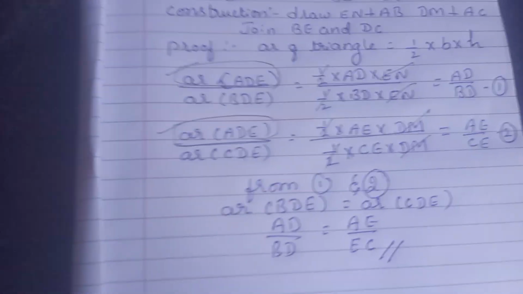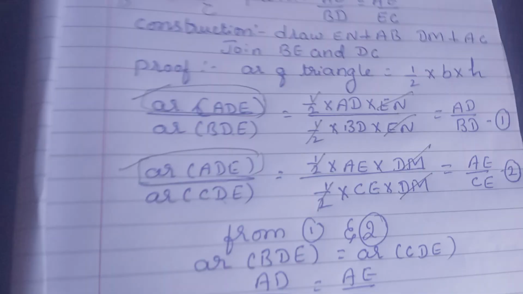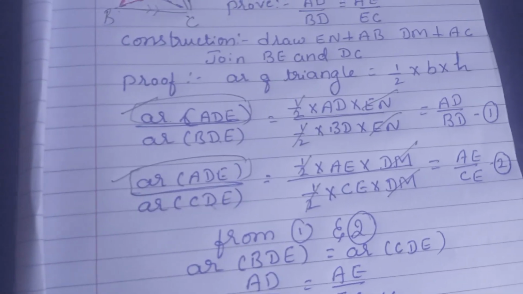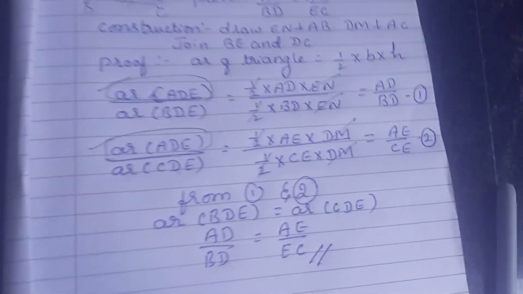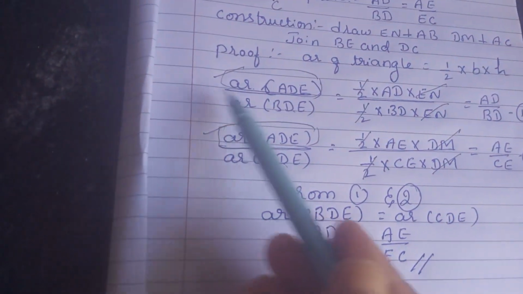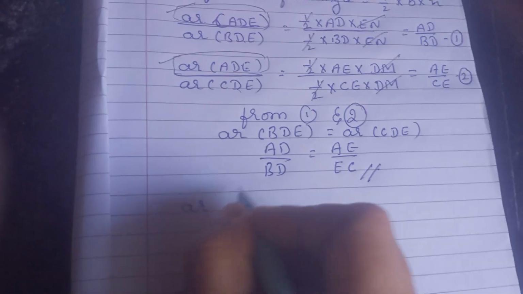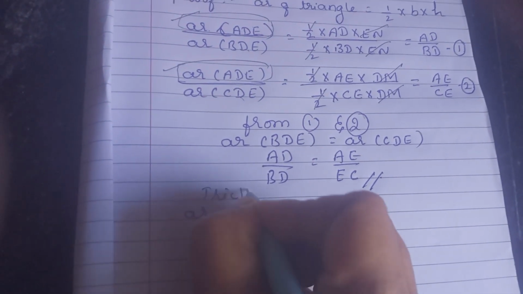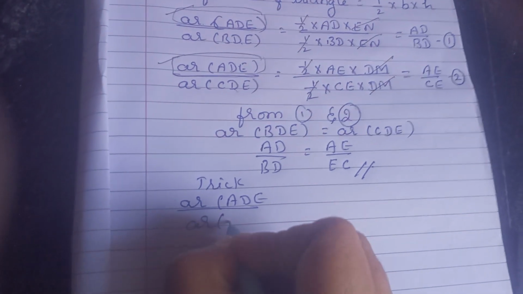This is our proof. Most of the children confuse when we write the area of triangle. We can use one trick. Which is the trick? We should remember ADE. So it is our proof. We should write here area of triangle ADE, here also area of triangle ADE.